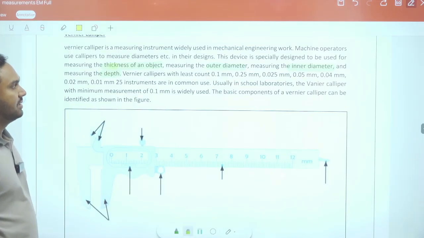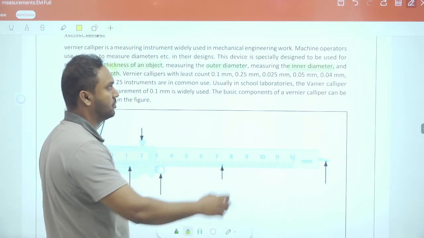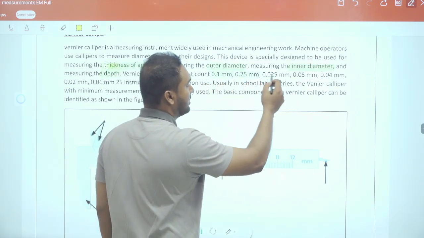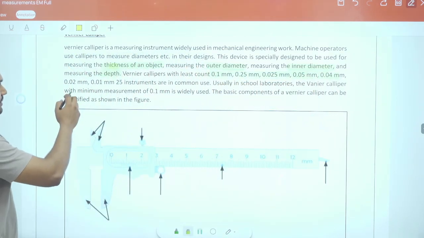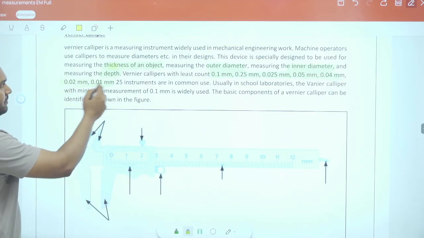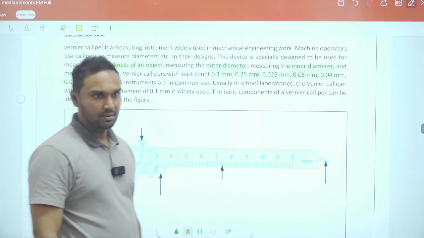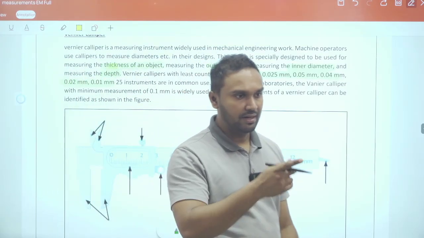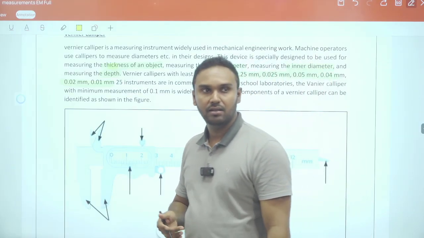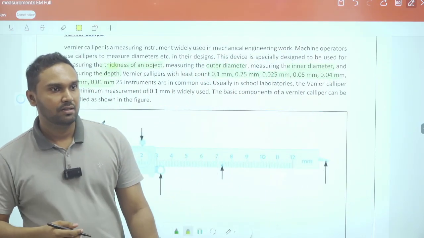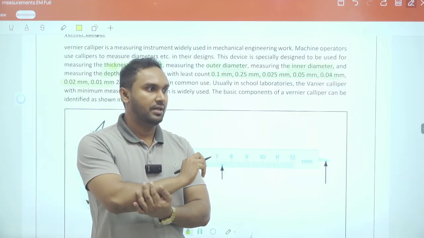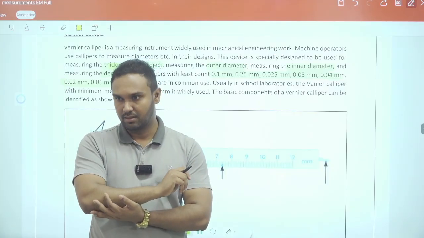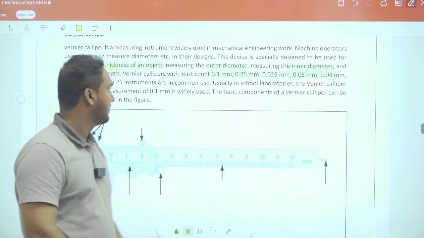Vernier calipers come with least counts of 0.1 millimeter, 0.25 millimeter, and so on. Usually in vernier calipers these different least counts are there. Even the one you have in your hand is a 0.05 least count caliper.